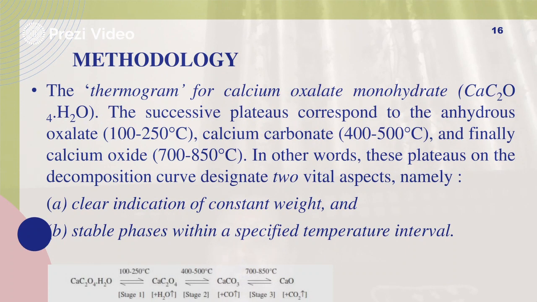In the second stage, at 400 to 500 degrees Celsius, on further heating CO2 gas is removed and calcium carbonate is left. Further heating from 700 to 850 degrees Celsius gives calcium oxide. This is the simple reaction for formation of calcium oxide from calcium oxalate monohydrate.